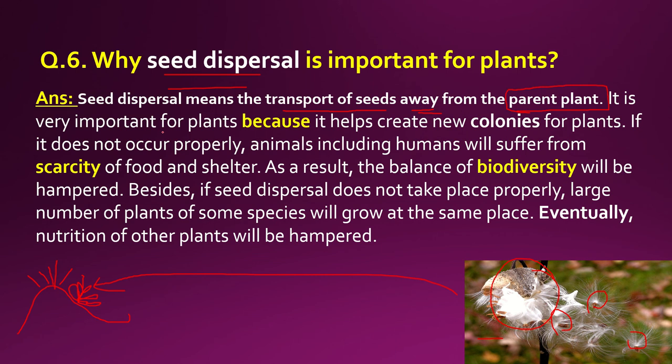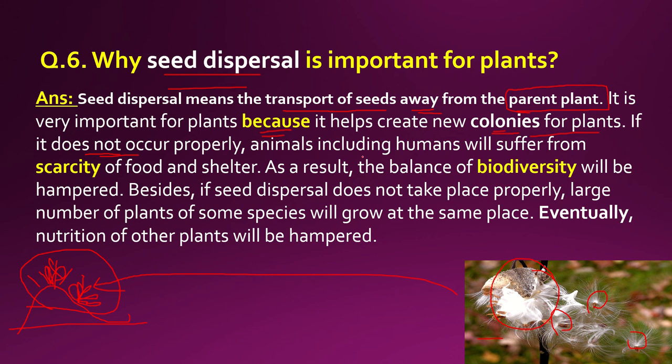It is very important, and what's the reason? It helps create new colonies. Whenever you go to another country, I told you maybe India, they make a baby and they make a colony in another place, another environment. If it does not occur properly, what happens?